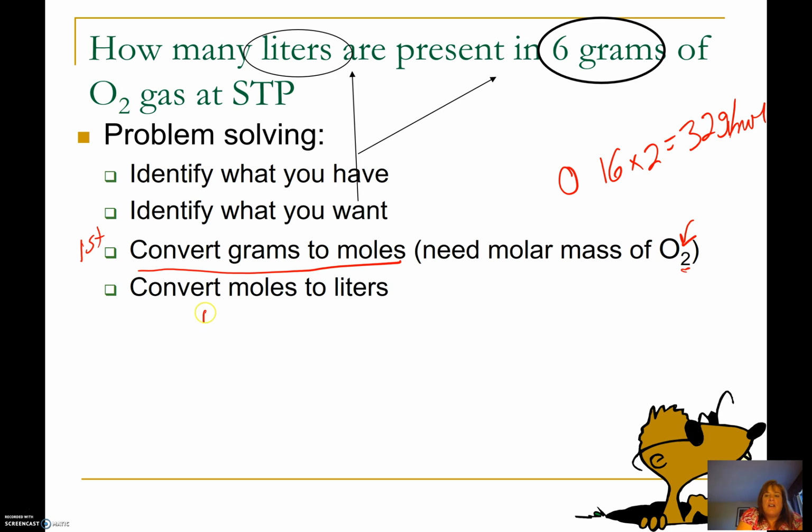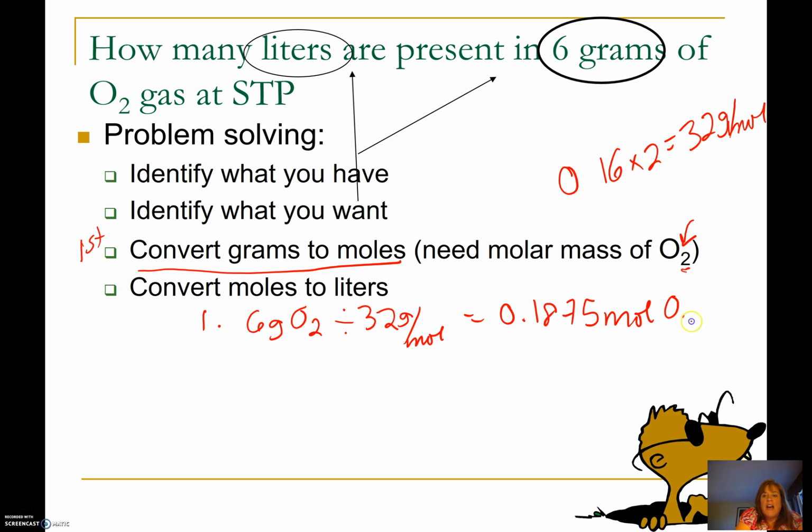So we're going to take our 6 grams of oxygen and go from grams to moles. So we're going to divide by 32. When we do that, we get 0.1875 moles of oxygen. Keep all your decimal places until you get to the end.